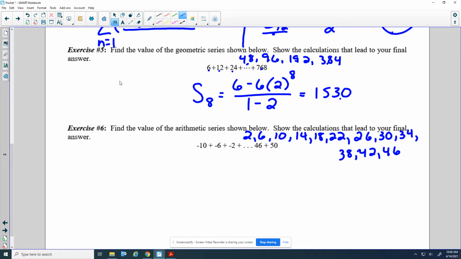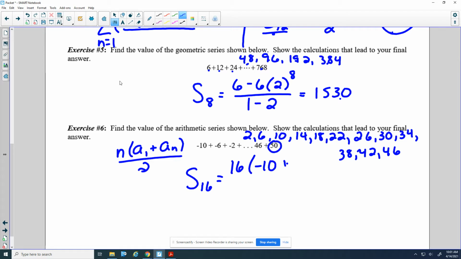So I'm doing S sub 16, which equals n, right? So I'm just going to write it n times a sub 1 plus a sub n over 2, right? That's our formula. So 16 times negative 10, this time we do have the a sub n, but the last one is 50 over 2. So when I type that in, I'm going to get 320 as the sum of those terms.